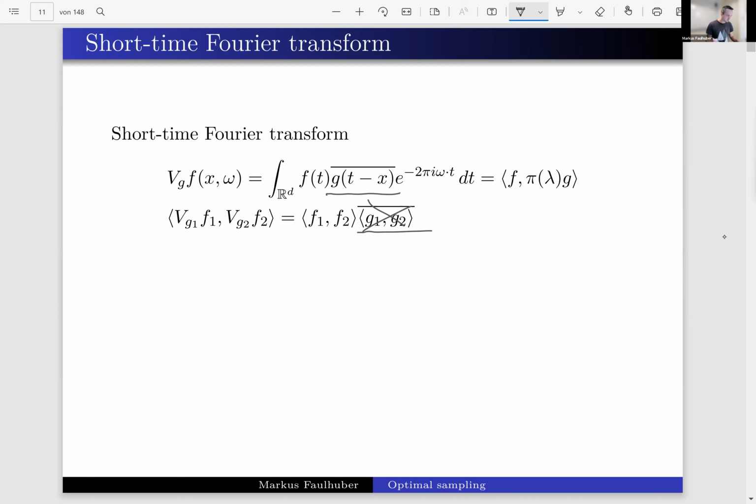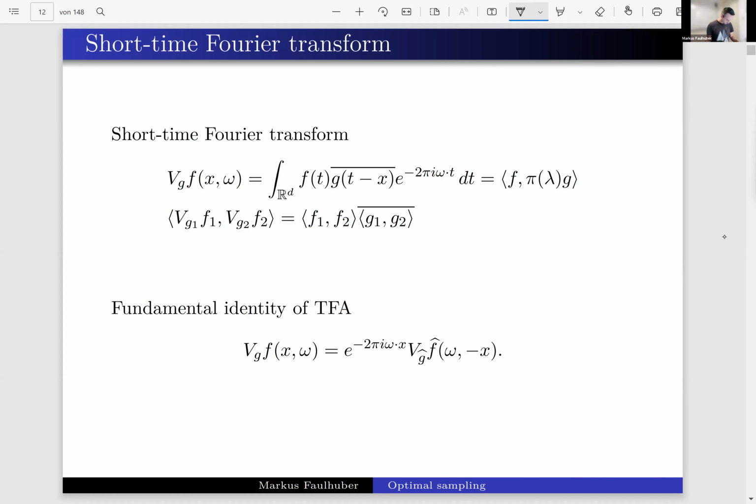And if f1 equals f2, we see that the short time Fourier transform is an isometry from the Hilbert space L2 on the real line, or on R^d, to the Hilbert space L2 of twice the dimension. And maybe just why do we use this V_g? Because it has been called voice transform, and this is why this letter V got stuck.